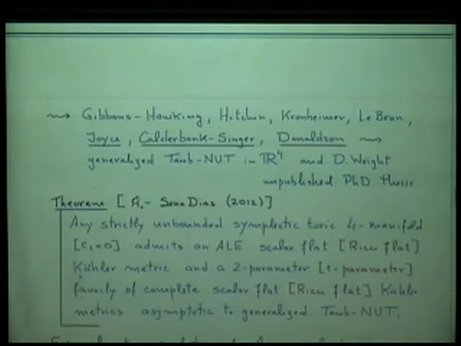And what I did in 2012, it was published in 2012, with my colleague in Lisbon, Rosa Sena Dias, was to generalize this Donaldson thing that applied to Taub-NUT in R4 to all the toric non-compact manifolds where this thing made sense.